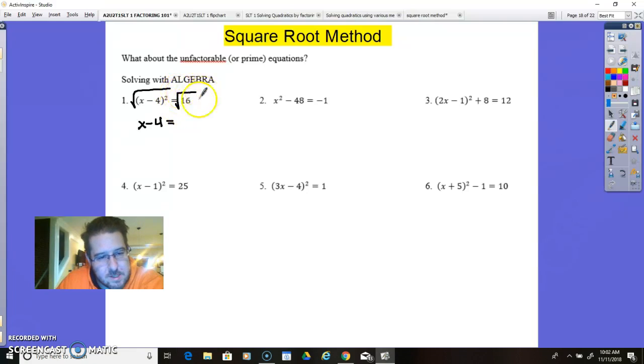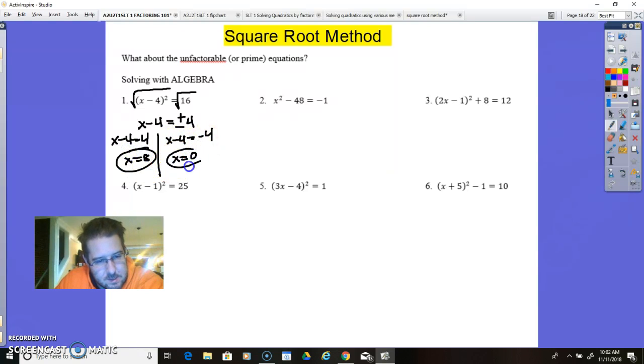And the square root of 16 has two different answers, both positive and -4, because positive 4 times positive 4 is 16, and -4 times -4 is also 16. All right, so I'm going to solve it twice. I'm going to do x minus 4 equals one of those answers, positive 4, and x minus 4 equals -4. Add 4 to both sides means x is 8, and add 4 to both sides and x is 0. So there's two answers, 8 and 0.